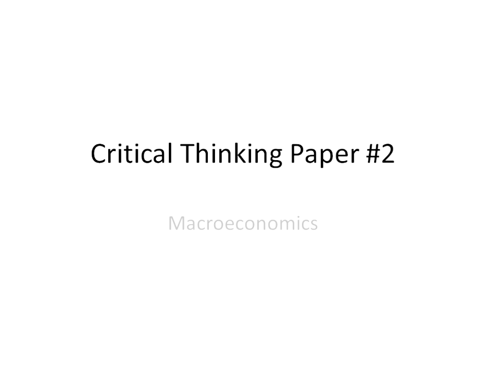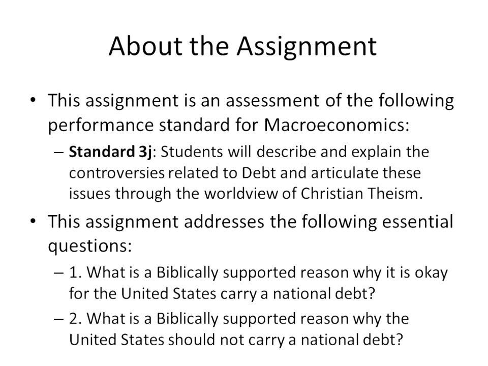Paper number 2. Okay, some of the things about paper number 2 are the same as paper number 1. Some of them are different, so please pay attention. Let's go over critical thinking paper number 2. Now, about the assignment. This assignment is an assessment of the following performance standard from macroeconomics.